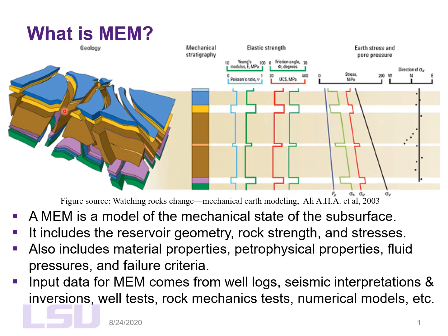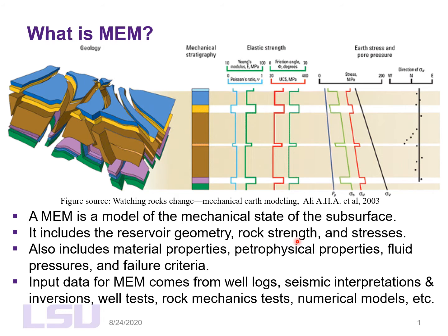You also see there are several faults or fractures in the domain. And that basically represents the structure of the reservoir, which is the reservoir geometry. And that's part of the components of a mechanical earth model. So the reservoir structure or geometry is one of the components.